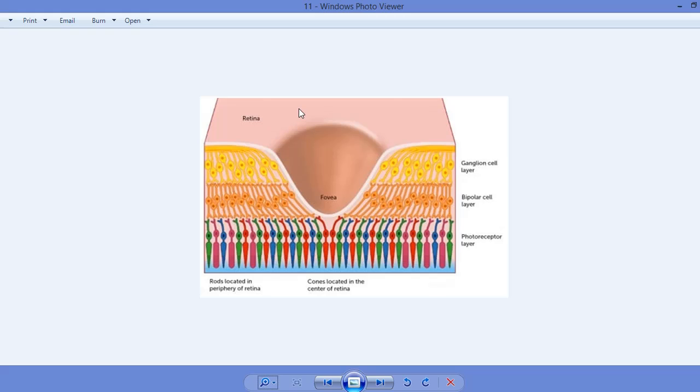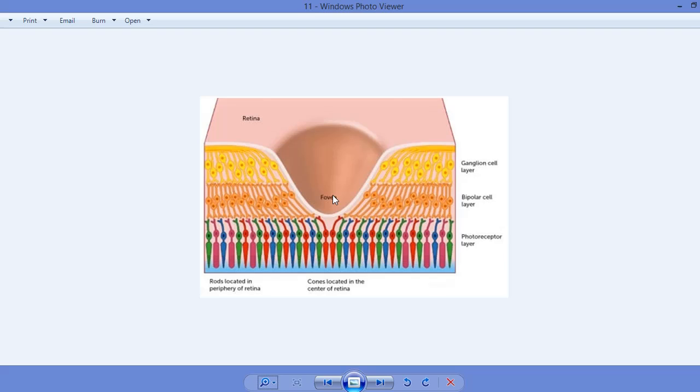The reflection will fall directly on the cones, because in the fovea the cones are exposed. And I have told you that two types of cones are there in the fovea, the red and green. So the red and green cones are exposed to the image directly in the fovea. That's why the vision of the fovea is very sharp and very acute.